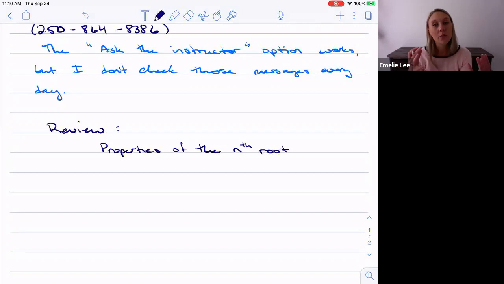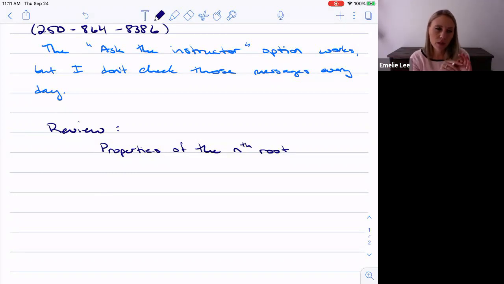Things like we can't take the even root of a negative number. We can take the odd root of a negative number. If we're doing roots on our calculator, usually we just take whatever's on the inside to the power of 1 over the root. And that's a quick trick for dealing with roots.